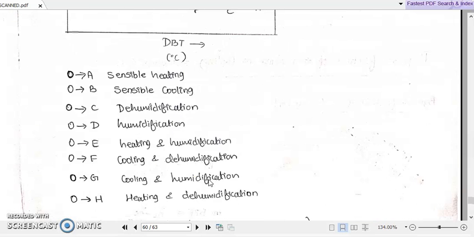All these processes, heating, cooling, dehumidification, humidification, and combinations such as heating and humidification or cooling and humidification, will be encountered in any practical air conditioning process. Depending upon the customer requirement, we may have to design our air conditioning equipment to provide these processes.